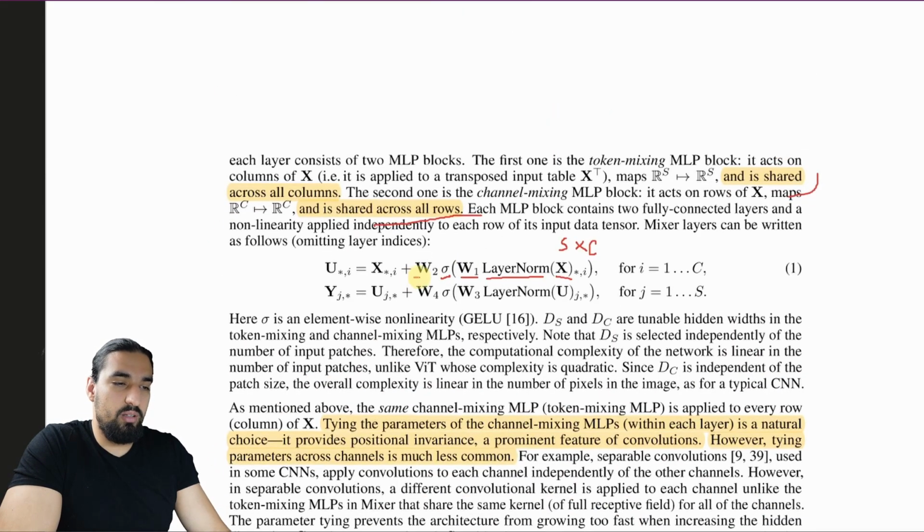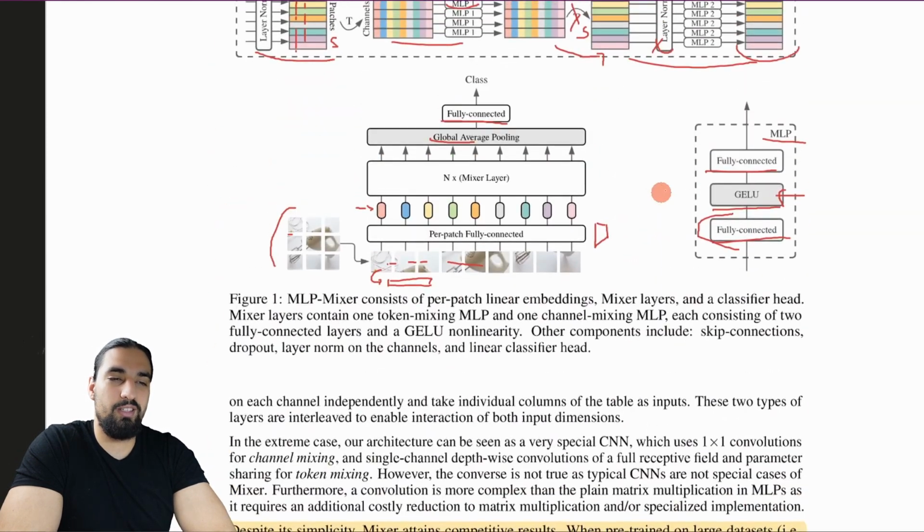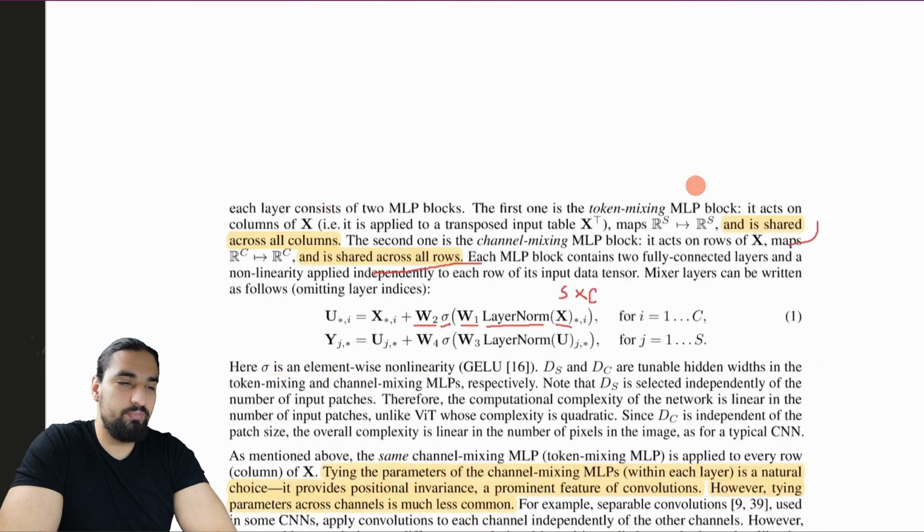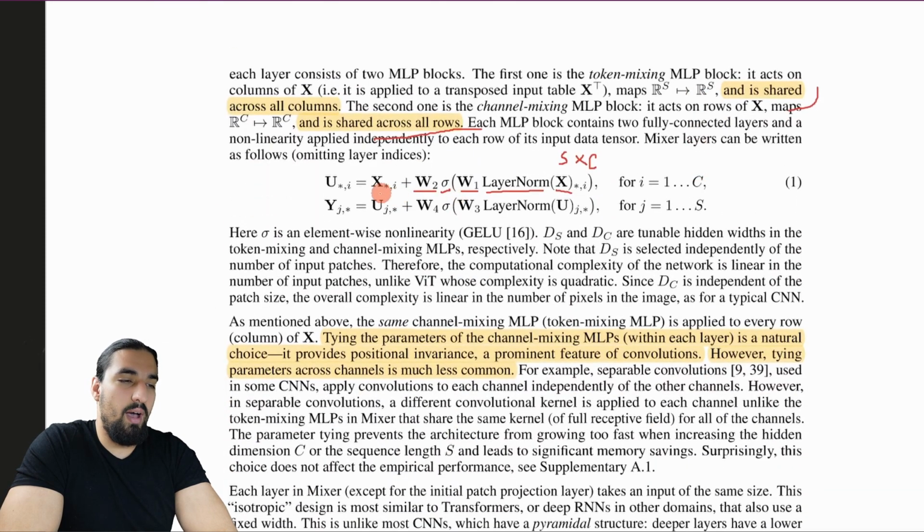Finally, they have the second weight matrix, which represents the second fully connected layer, so that's again this one here. And finally, we have plus the input, which is basically the skip connection. Then they just repeat this and apply the second one, so this is across channels and this is across tokens.